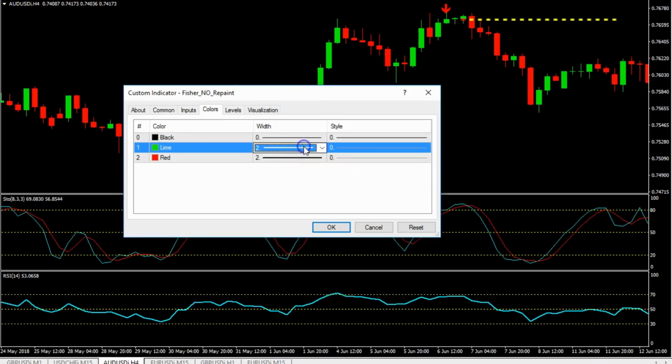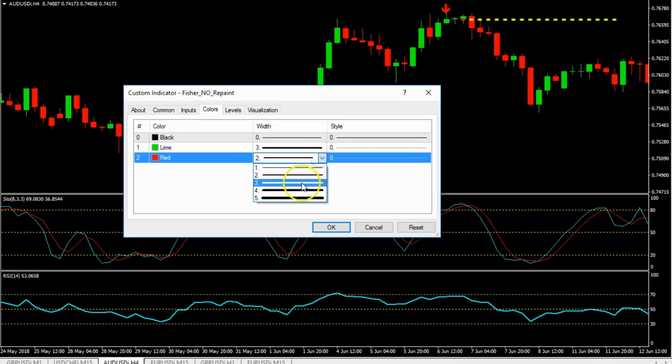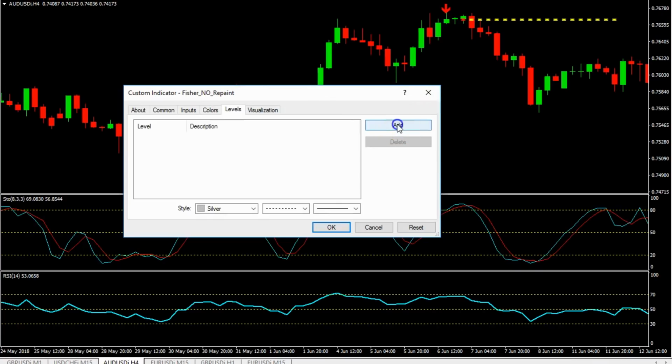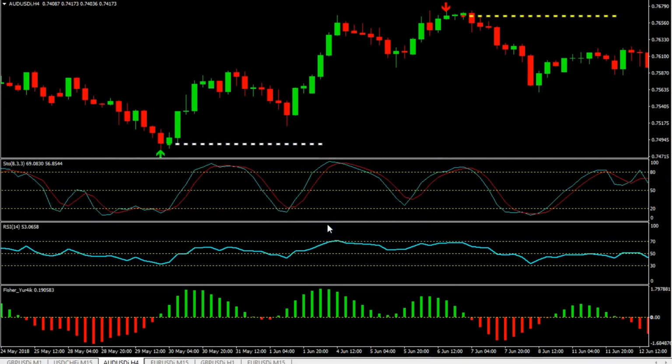The only thing you have to do is thicken it a bit more. From 2, make it broader, go to 3. These are your bars. These are the histogram bars. And the level, add level 0 and color it yellow and click OK here.